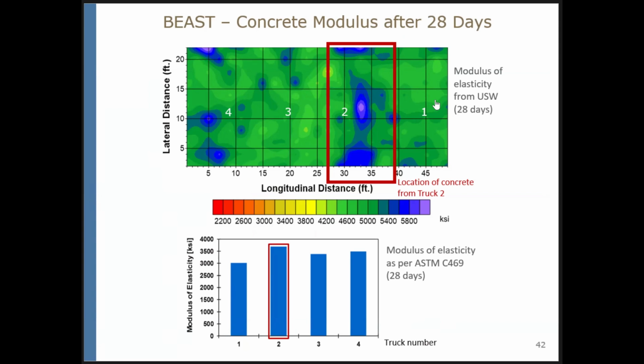So we usually assume that concrete quality is the same, but the results both using ultrasonic surface waves and from the cores taken to the lab and evaluated there show differences, and the NDE technologies and lab results match. For example, in zone number 2, the highest modulus measured in the lab was also the highest modulus measured using NDE technologies.